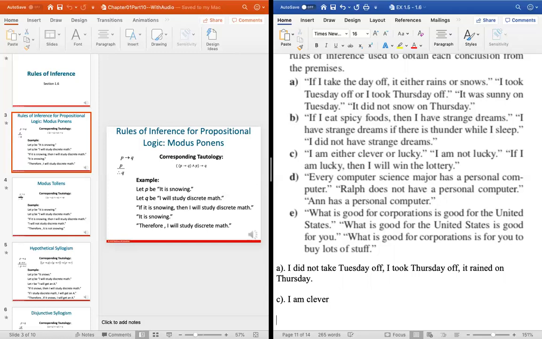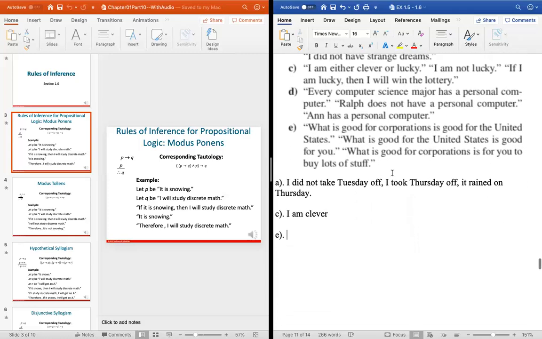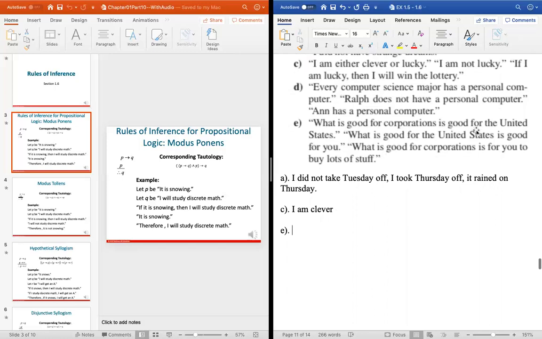Moving on to part number E. What is good for the corporation is good for the United States. What is good for the United States is good for you. What is good for the corporation is for you to buy lots of stuff.